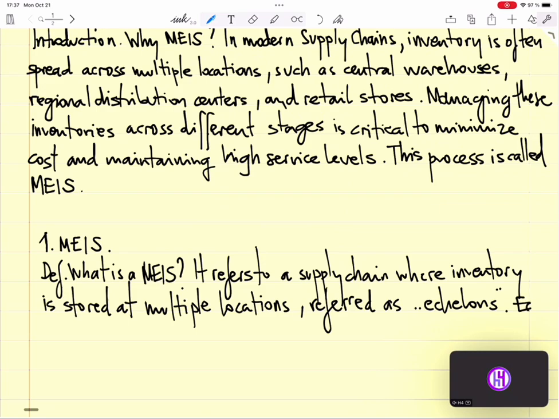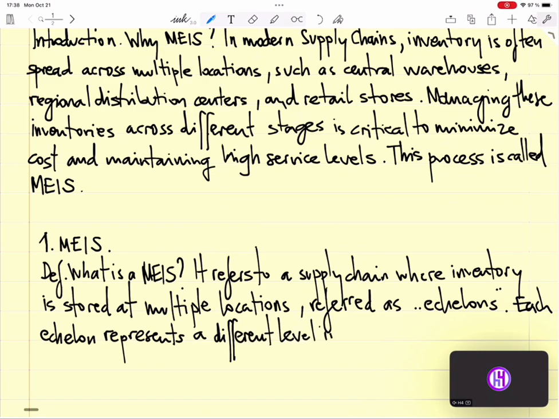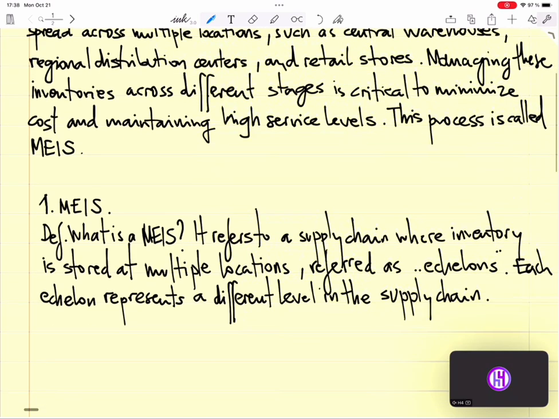Each echelon represents a different level in the supply chain. Okay? This is a definition.